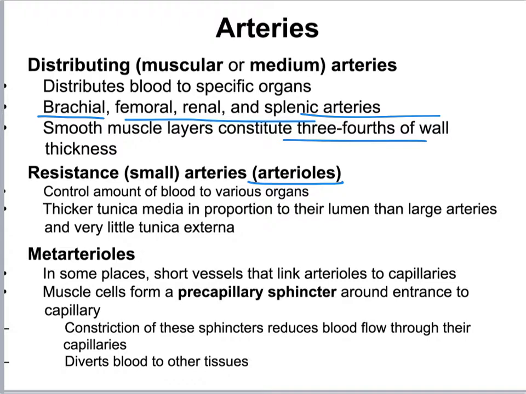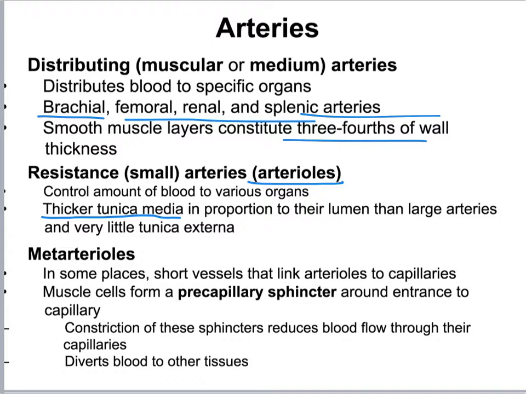This is also at least one of the places where you're going to control how much blood goes to particular organs, right? If you constrict the arterioles leading to the kidney, you have less blood flowing to the kidney. They have a thicker tunica media, that's the muscular portion, in proportion to their lumen. Very little tunica externa.